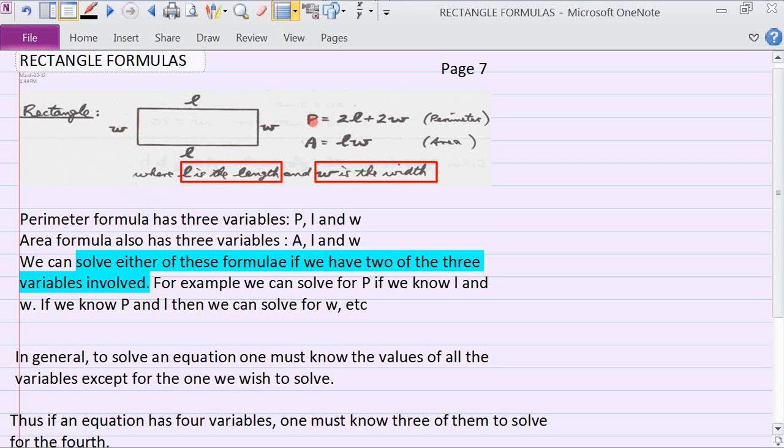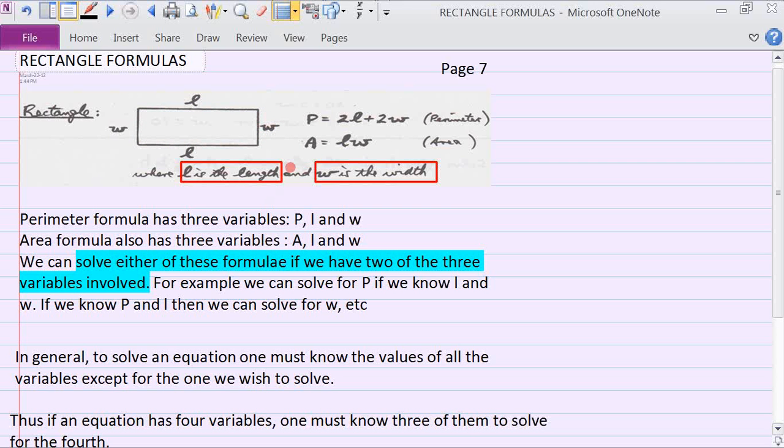So the perimeter is the distance all the way around, so we take twice the length plus twice the width, which gives us the perimeter, as if we were to walk it. So if this were 20 and this were 10, we'd walk 20, 10, 20, 10, a total of 60.